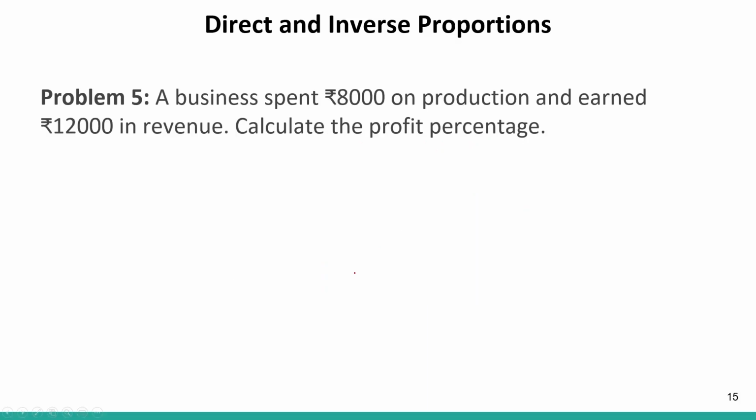Now let's see problem number 5. A business spent 8,000 on production and earned 12,000 in revenue. So calculate the profit percentage. Okay, so what did he do? He spent 8,000 on production and earned 12,000 in revenue. Okay, so profit percentage is equal to total profit by initial investment into 100.